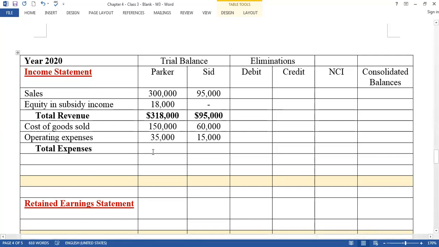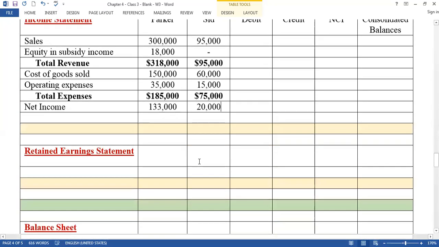The total expenses are $185,000 and $75,000. Now revenue minus expenses equals net income. So we find that net income is $133,000 and $20,000 here.